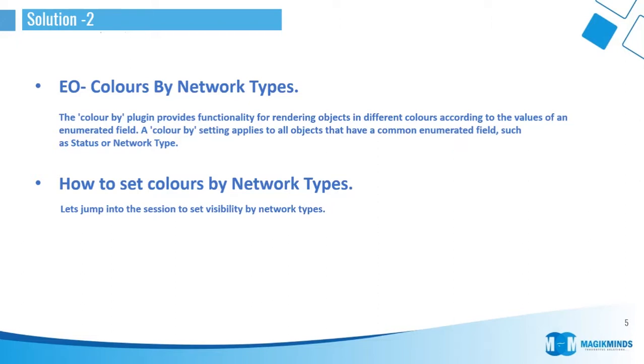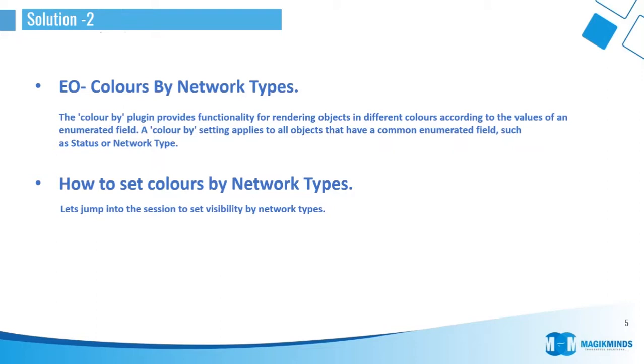So in order to do that, you have to configure a plugin called color by. The color by plugin provides a functionality for rendering objects in different colors according to the values of an enumerated field. A color by setting applies to all objects that have a common enumerated field, such as status or network type. How to set these colors by the network types?